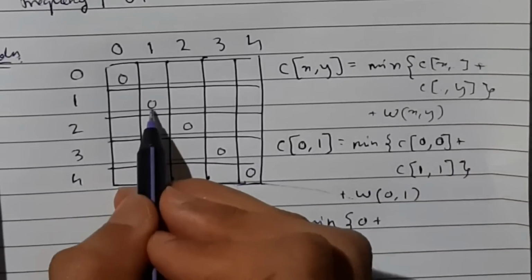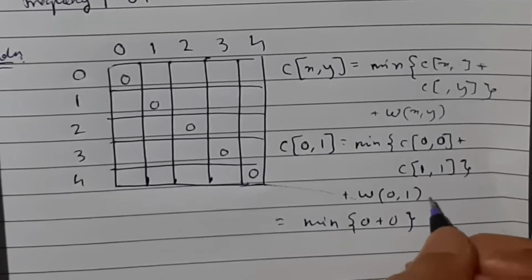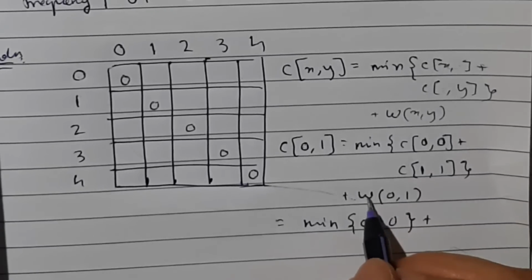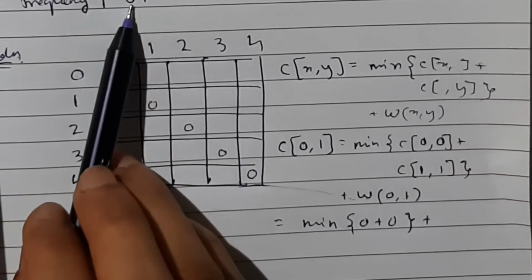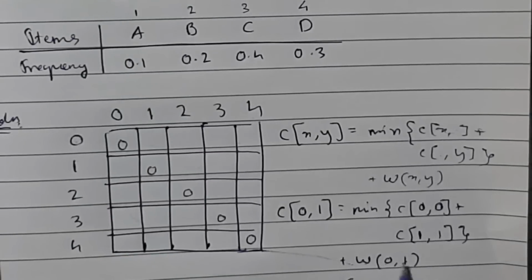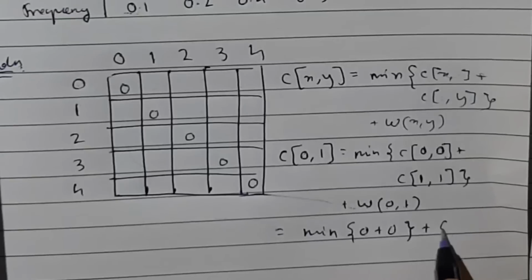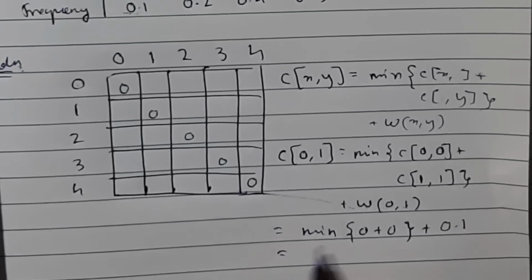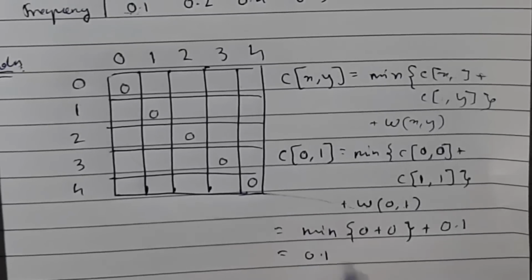C of 1 and 1 is also 0, so I'll be writing 0, and then I'll be adding W of 0 comma 1. What is W of 0 comma 1? 0 comma 1 is this one, okay. If it's 0 comma 1, you have to take this digit. What is the frequency of 1? It is 0.1, so I'll be adding 0.1, okay. Then minimum of 0 is 0 only, 0 plus 0.1 is 0.1, all right.